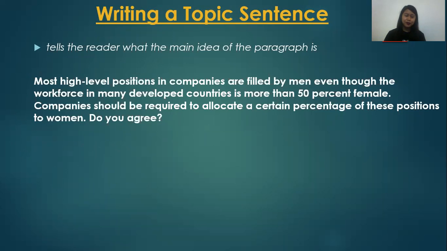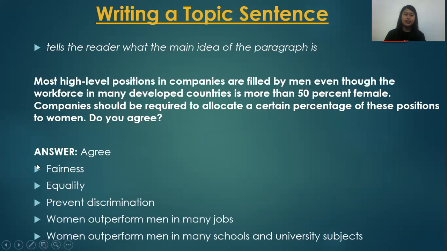Let's say we agree to this statement, and our ideas are the following: because of fairness, equality, to prevent discrimination, women outperform men in many jobs, and women outperform men in many schools and university subjects.